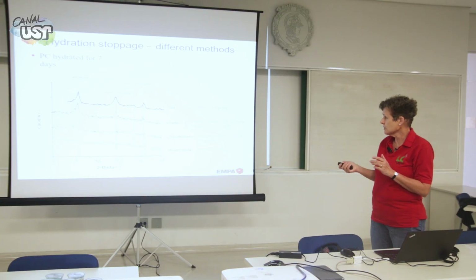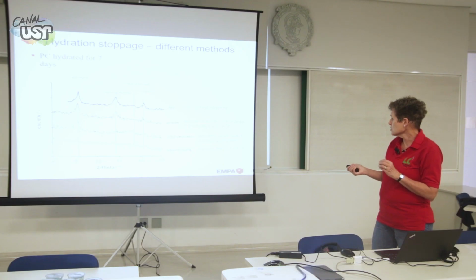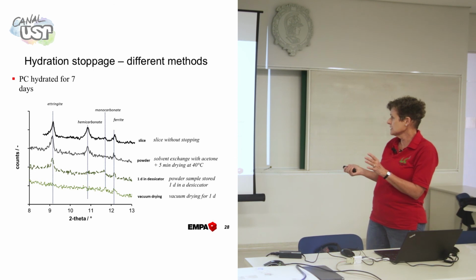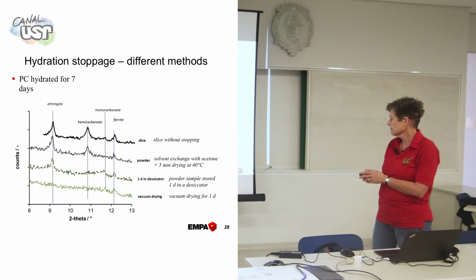Here you can see the peak for ettringite, in this case for hemicarbonate, monocarbonate, and this is the ferrite reference. You'll see the ferrite, which is an anhydrous phase, is generally not changing between these different traces. And then we see this method, which was quickly stopped with acetone, and then just quickly dried at 40 degrees C for 5 minutes to get rid of the acetone. And you see that's pretty good. That's pretty much the same as this one here.